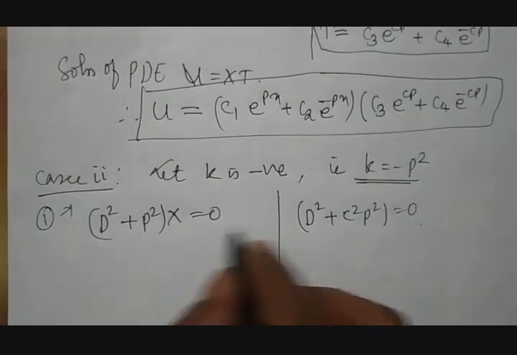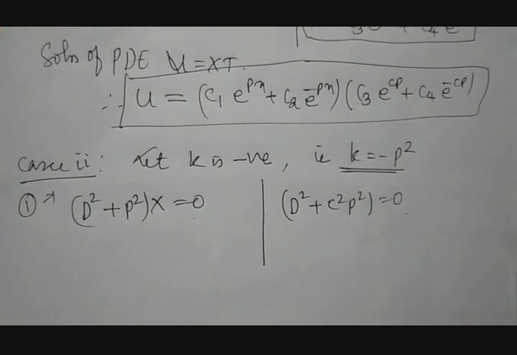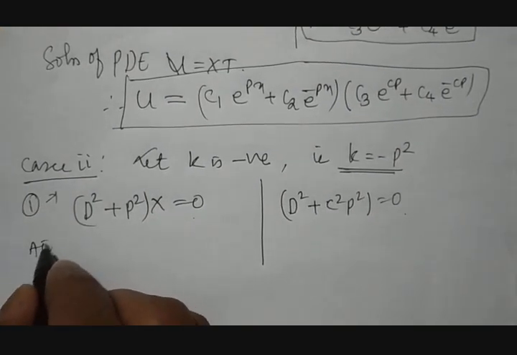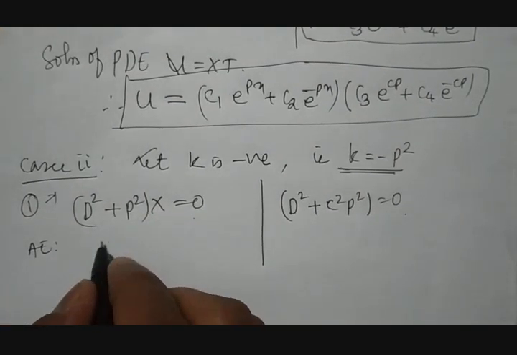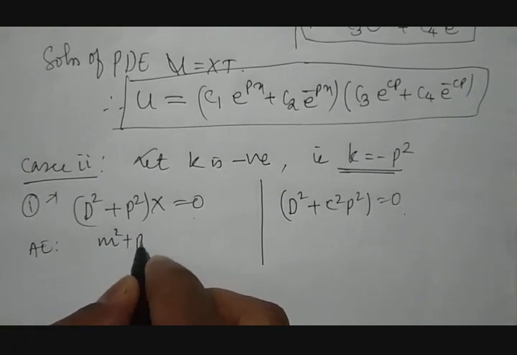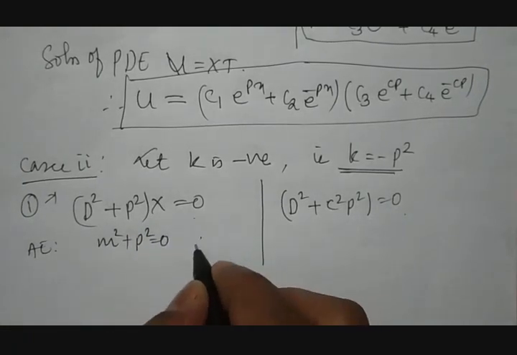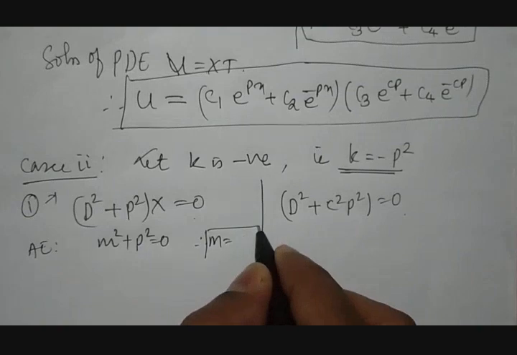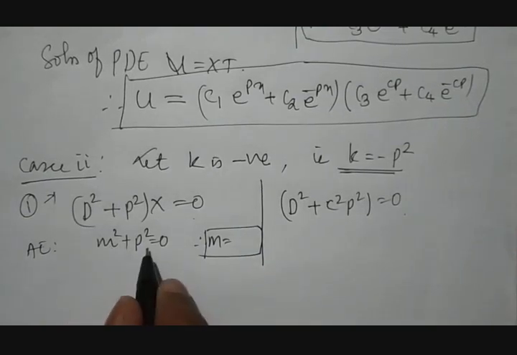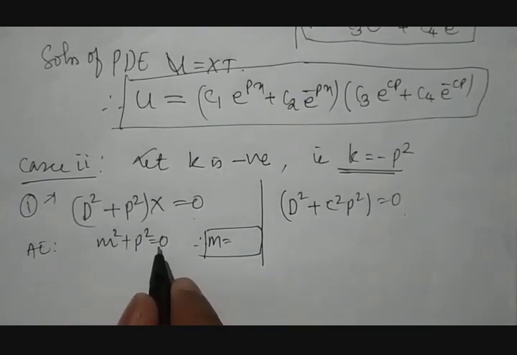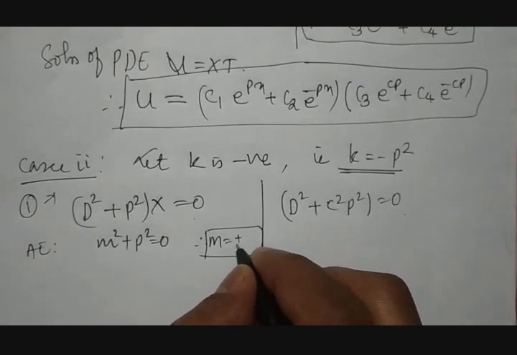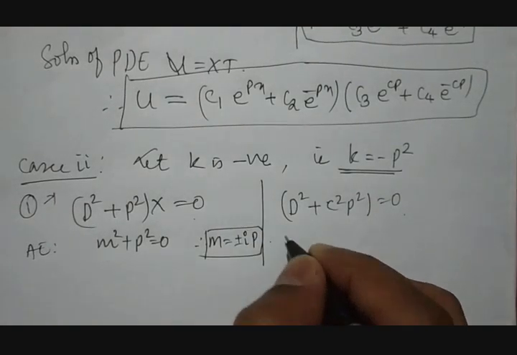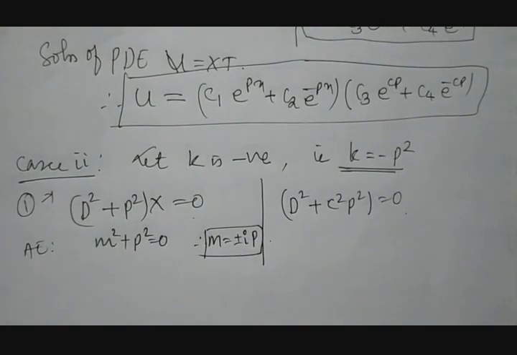Therefore, again these two are homogeneous differential equations. So first we convert them into auxiliary equations. That becomes M square plus P square equal to 0. Therefore M square is equal to minus P square, which means M is plus or minus iP.